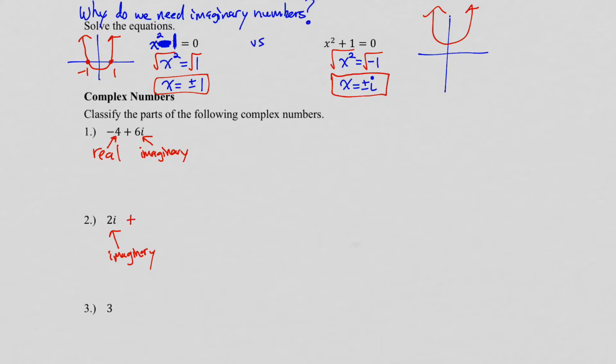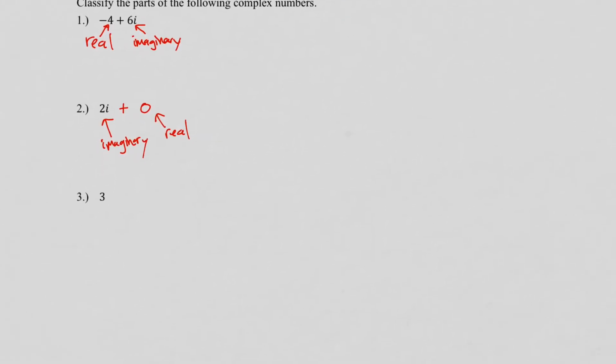Well, it must be 0 because it's not there. And this one only has the real part, but the imaginary is missing because, well, you guessed it, b is 0. If b is 0, 0 times i is 0, so you don't really see it, but there it is.